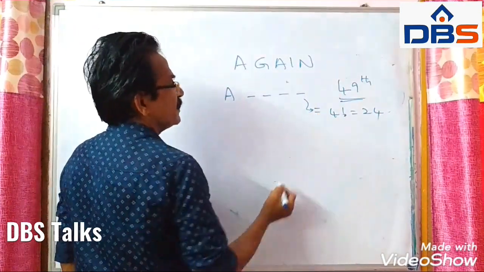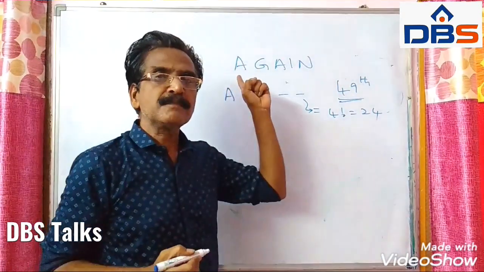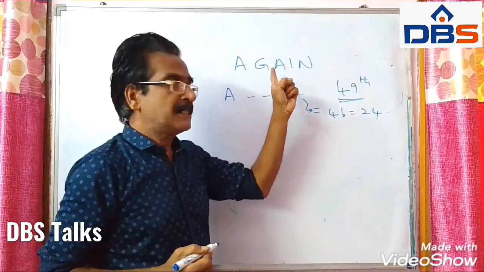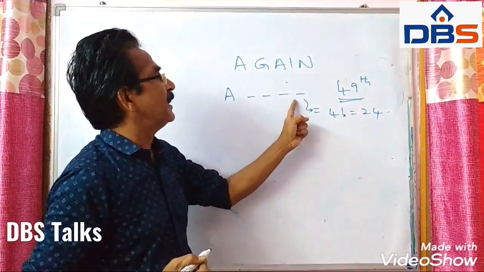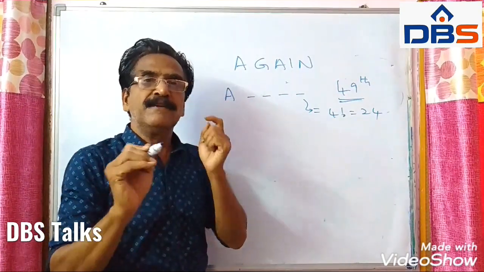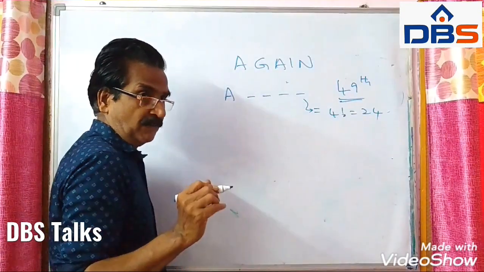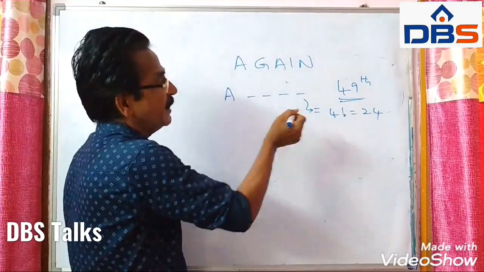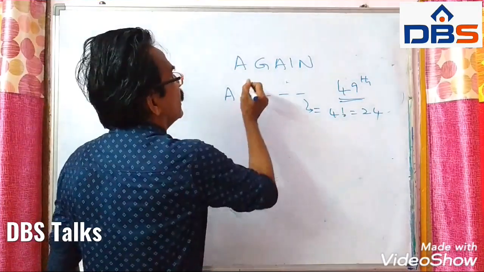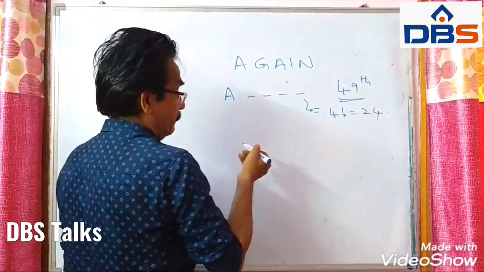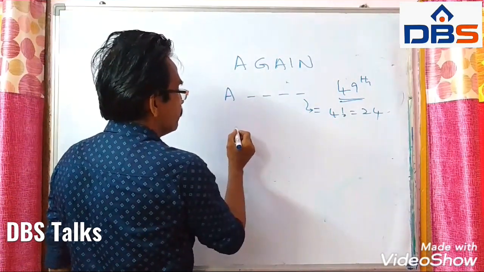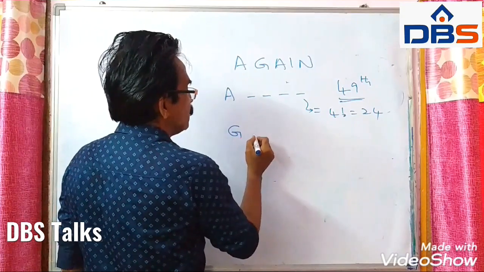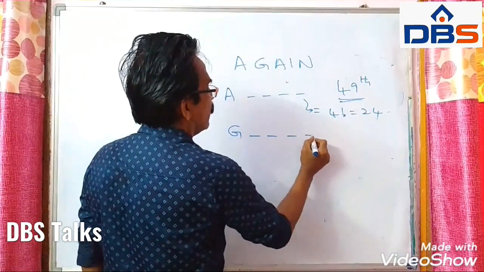So the number of words beginning with A is 24. Now after A, the next bigger letter in alphabetical order is G.